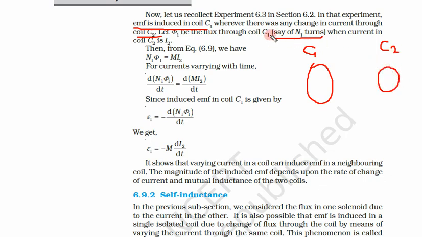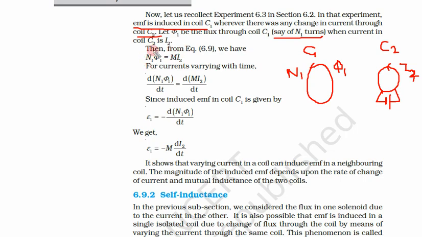Now current in this coil C2 is I2, some current is flowing, we have connected this with the battery and current is flowing into this. This current is I2. Now we have flux associated with the first coil, this is C1, that flux will be phi 1. And this coil C1 has total number of turns N1.